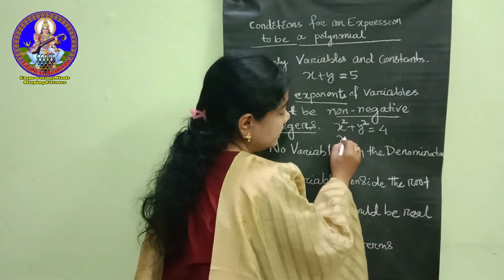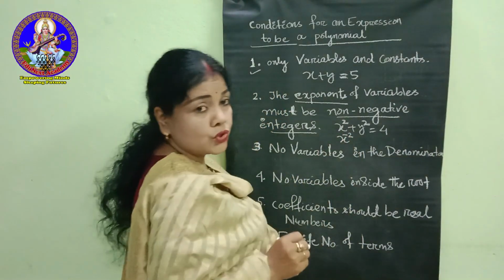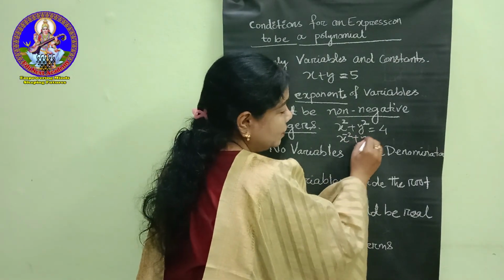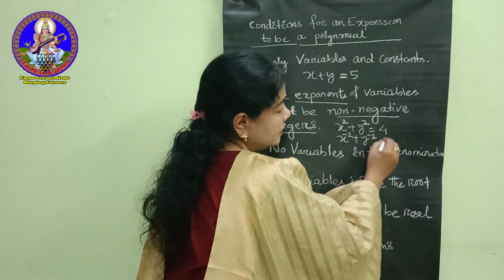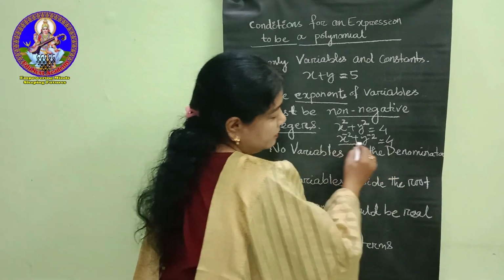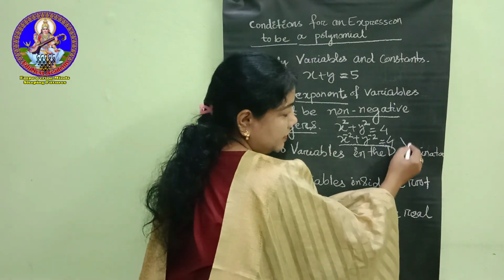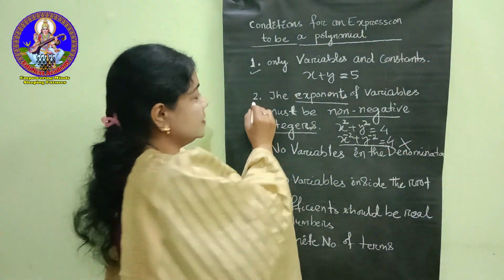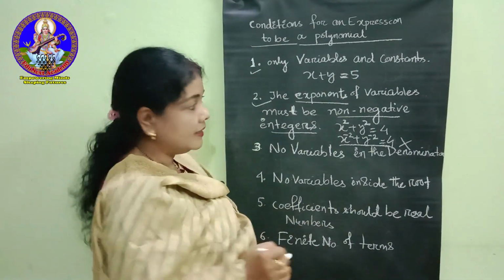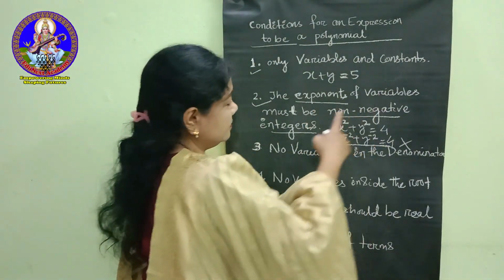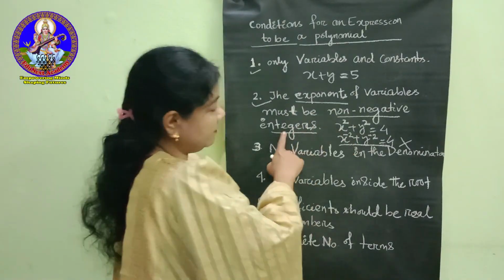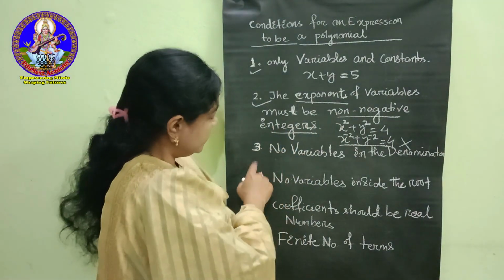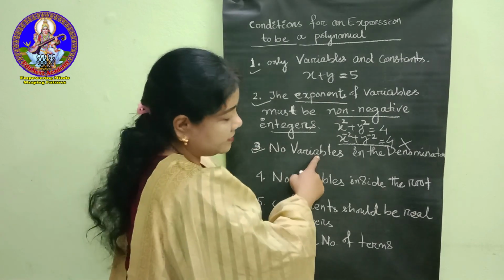But if I write x to the power minus 2 plus y to the power minus 2 is equal to 4, this particular mathematical expression does not come under polynomial. So to be a polynomial, the second condition is very important: the exponent of the variables must be non-negative integers.